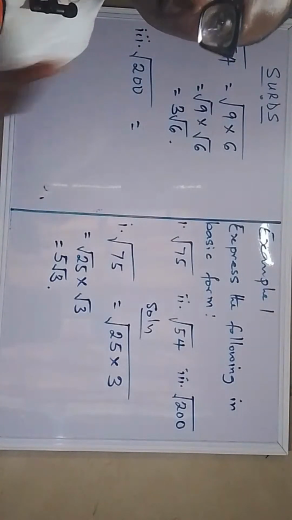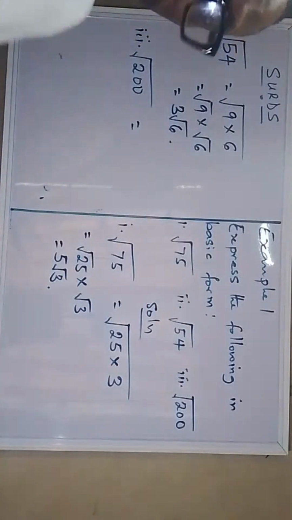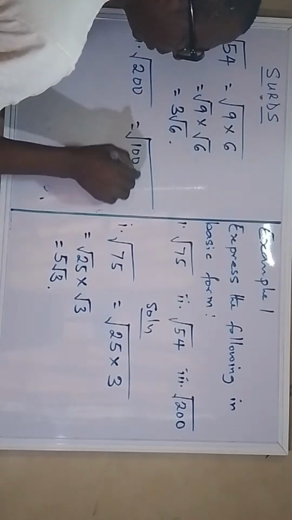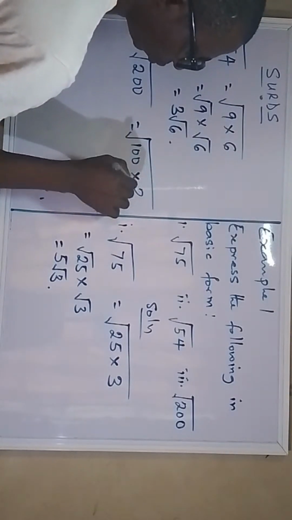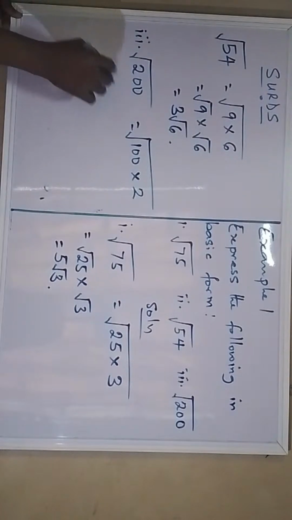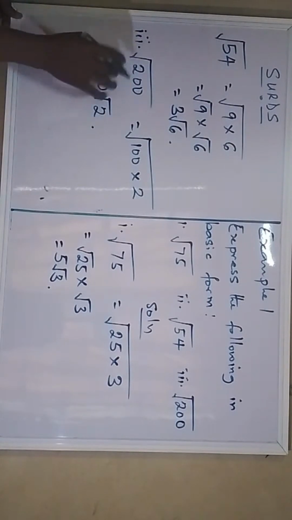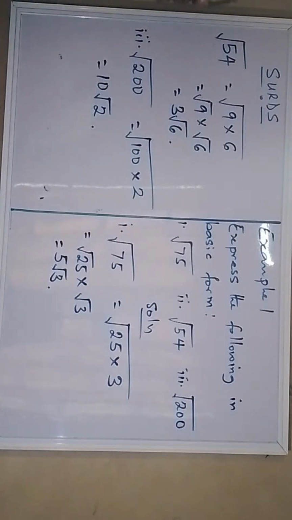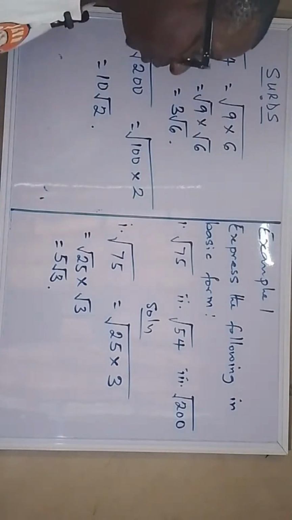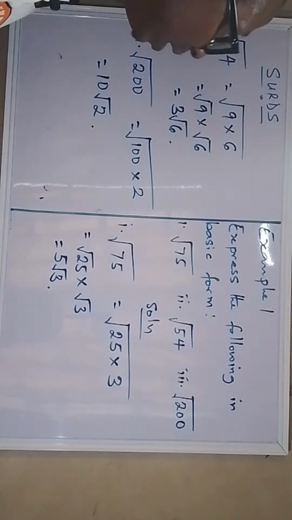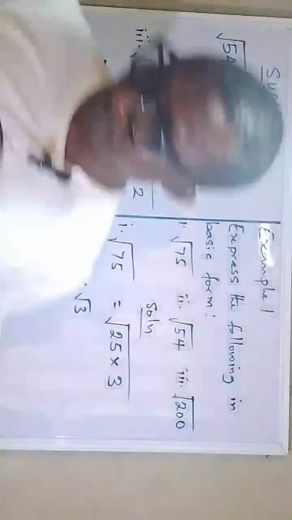So 100 times 2, that is 200. So this becomes square root of 100 times square root of 2, and that is going to be 10 square root of 2. This is the basic form of this. I want to believe you have gotten what I just explained to you. Now let's move to another question.